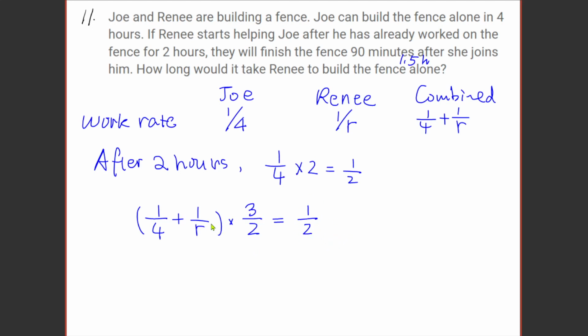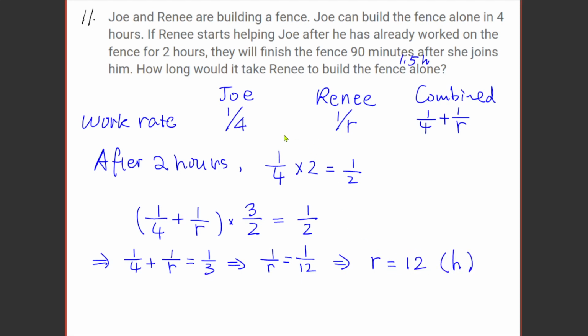One variable and one equation, you should be able to find R, right? So this gives us 1/4 plus 1/R must equal 1/3, and then 1/R should equal 1/12. And of course, R is 12, right? So that means it will take Rainy 12 hours to build the fence alone.